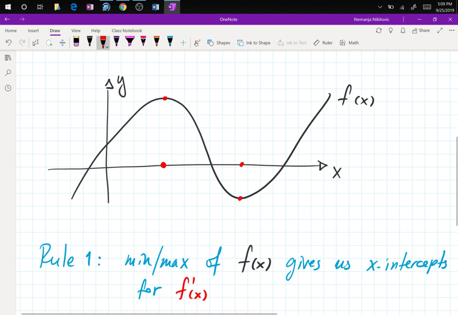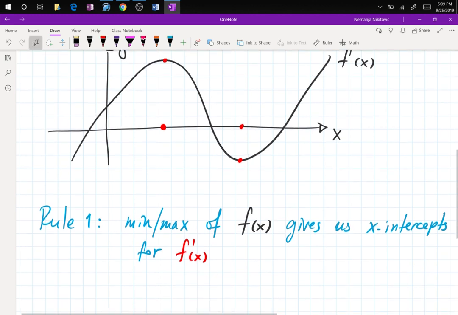So the first order of business is to immediately locate all of the min and max values you have, local, global, doesn't matter, and at those points the derivative is going to cut through the x-axis.